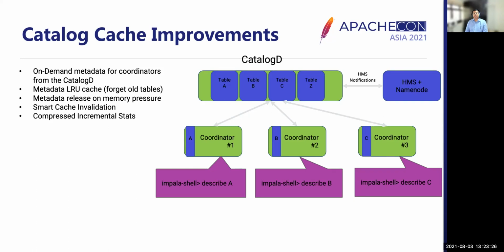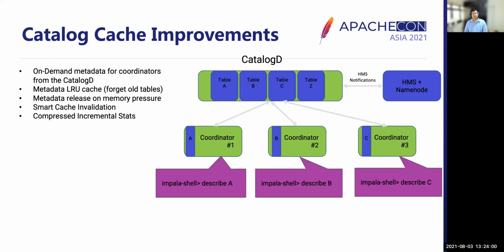By metadata on demand, let's say coordinator 1 requires the metadata of table A, coordinator 2 requires the metadata of table B, and coordinator C requires the metadata of table C. With the newest version of Impala, the metadata is given to the coordinators only when they ask for it, rather than sharing or distributing the metadata all the time. In this case, the metadata for the required tables is sent on demand to the required coordinators. This way, the coordinators can manage their memory even better.